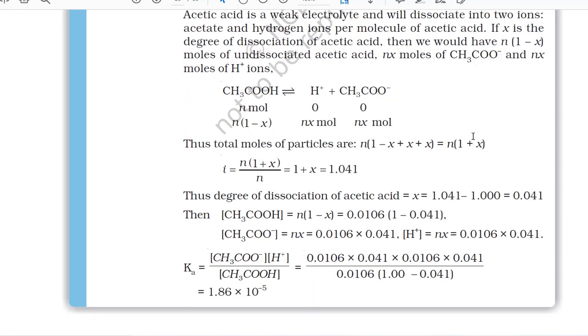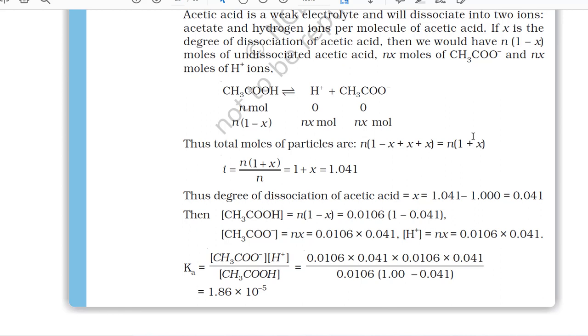CH3COOH gives H plus ion plus CH3COO negative ion. Initial concentration will be N mole, and for H plus and CH3COO minus would be 0, 0. At equilibrium, the concentration will be N(1 minus X), and for H plus and CH3COO minus it will be NX mole and NX mole.